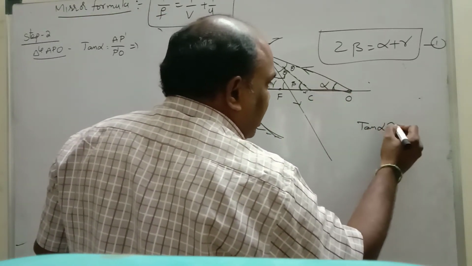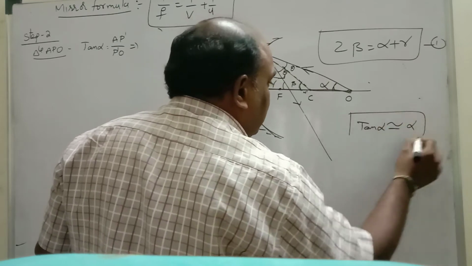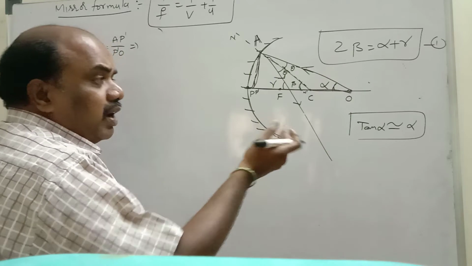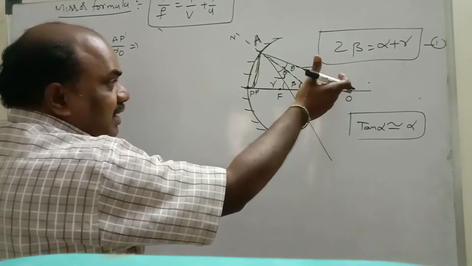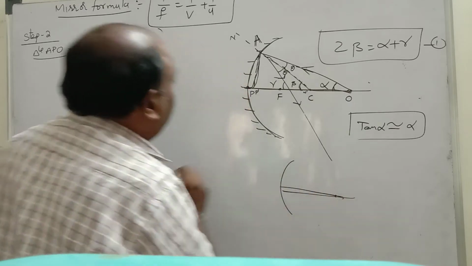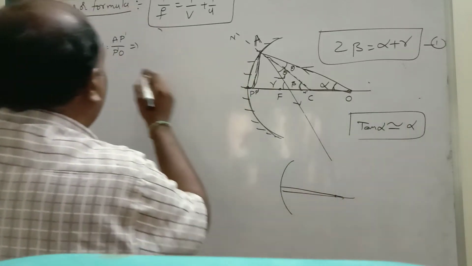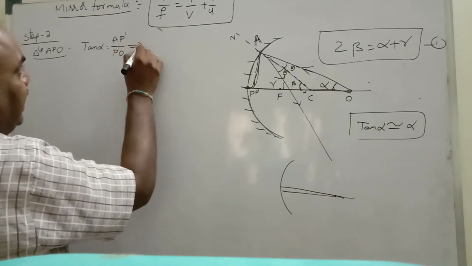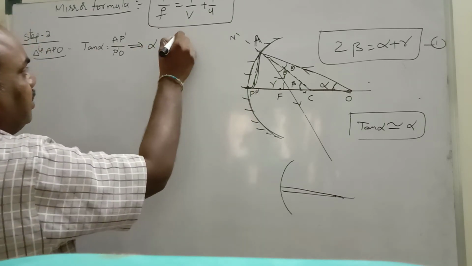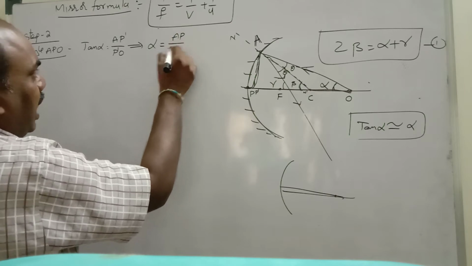Why? Tan 0 is 0, tan 45 degrees is 1. This is not 45 degrees, it is 1 degree or 2 degrees. Paraxial line means the angle between these two is very small. So tan alpha is almost equal to alpha. Instead of tan alpha I am writing alpha. P dash coincides with P. So AP by PO is the alpha value I got.